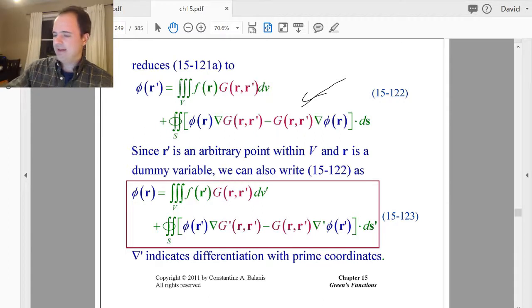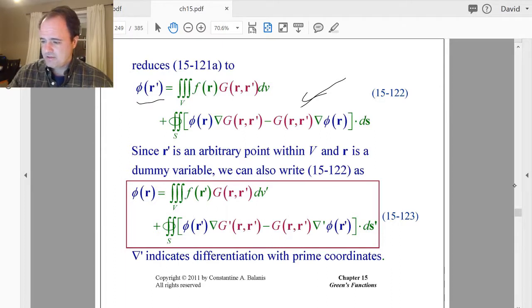And so using Green's second identity, we have that φ is equal to that, where we still have φ within the function of r prime, being a function of r prime. But it doesn't really matter. These are symmetric. You can replace r with r prime and r prime with r and have it not impact that function at all. r is simply a dummy integration variable, so we can have that as r prime as well.